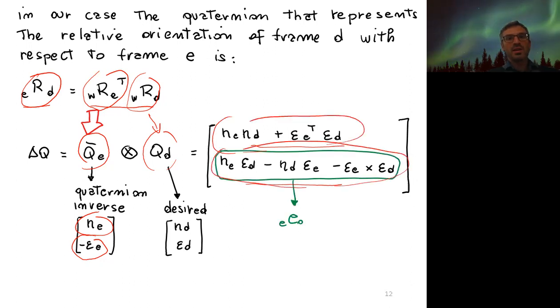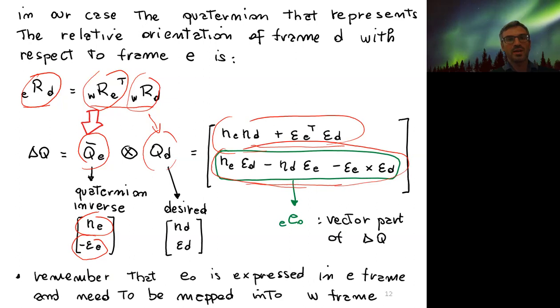In this case, the orientation error is just the vectorial part of this quaternion. Remember that this orientation error is still defined in the E frame, so you need to rotate it into the world frame before computing your control law.